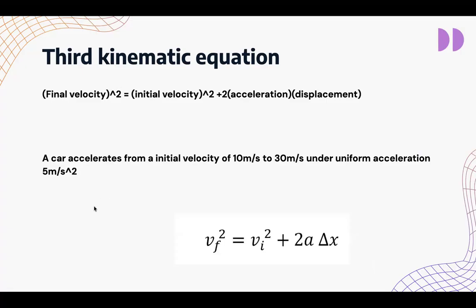The third one: final velocity squared equals initial velocity squared plus two times acceleration times displacement. I don't know how they came up with this one, but it definitely works. Again, you have a final and initial velocity plus an acceleration component, which is the change in your velocity.